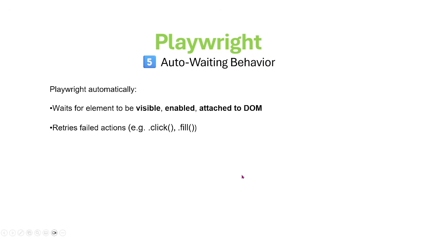Retries fail action: when a Playwright test fails, we can set retry and redo the test. We can set 2 times, 3 times, and you can decide how many times you want to retry.